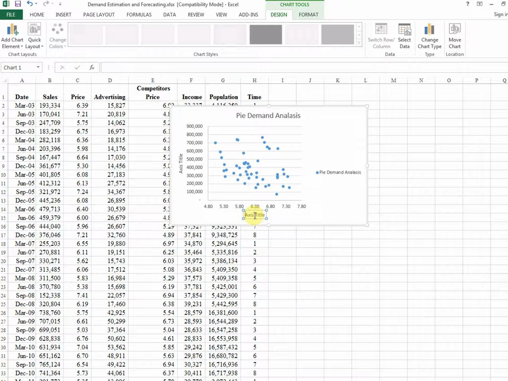So this is price in pounds, and this is sales. Now this is the volume. I guess this was volume, I do not remember.